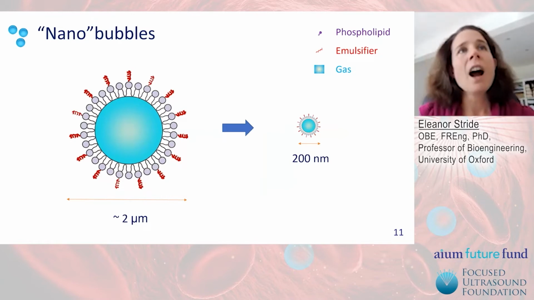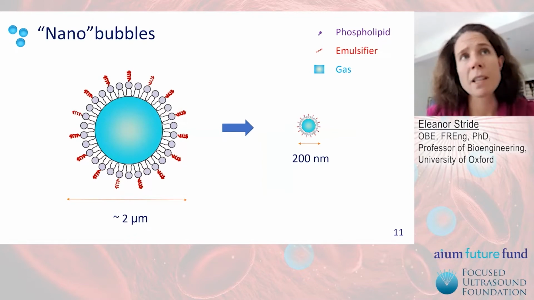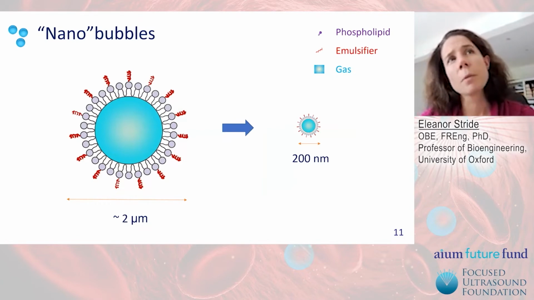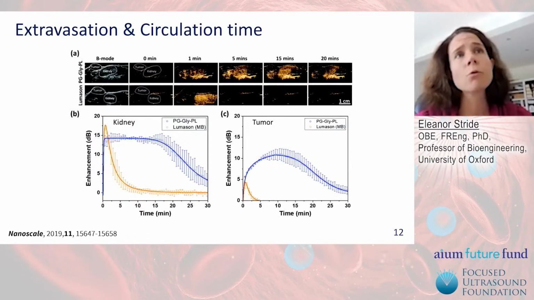In terms of composition, nanobubbles are very similar to microbubbles, so they shouldn't present any problems in terms of biocompatibility. But their smaller size, and they're typically 10 times smaller than microbubbles, should mean they're less rapidly removed from the circulation. And indeed, there have been several reports in the literature suggesting that this is the case.